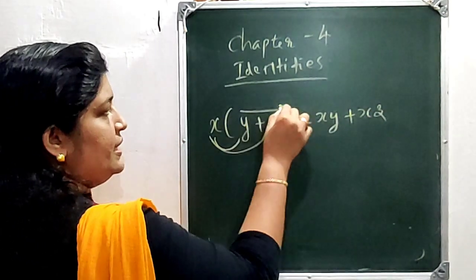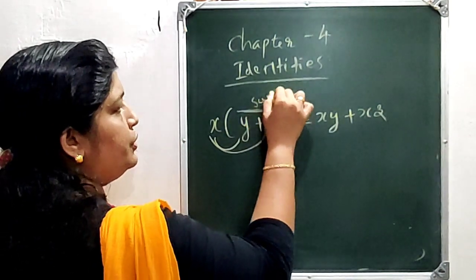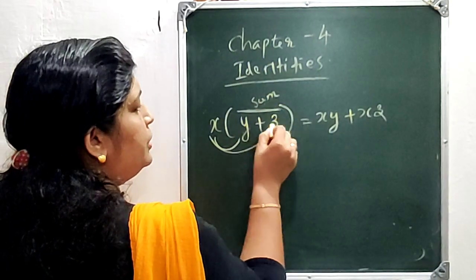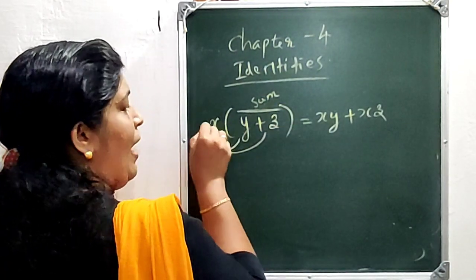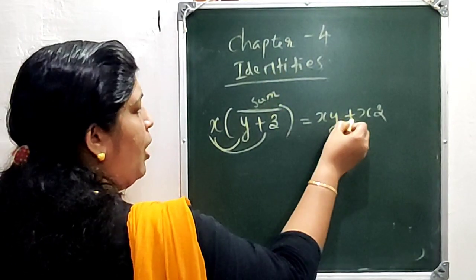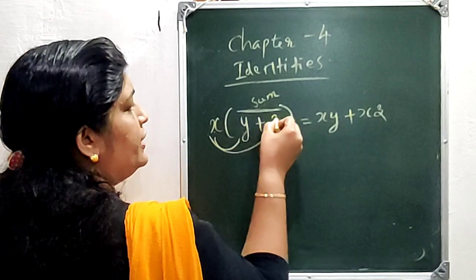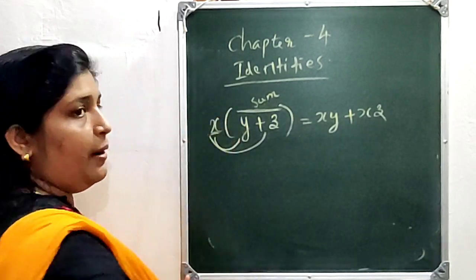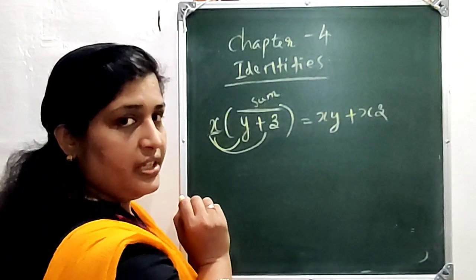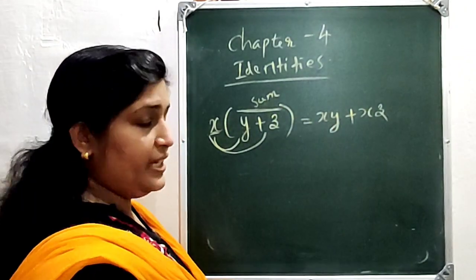This is actually the sum of two numbers multiplied by another number, which is the sum of the products of those two numbers with this number. This is an identity.